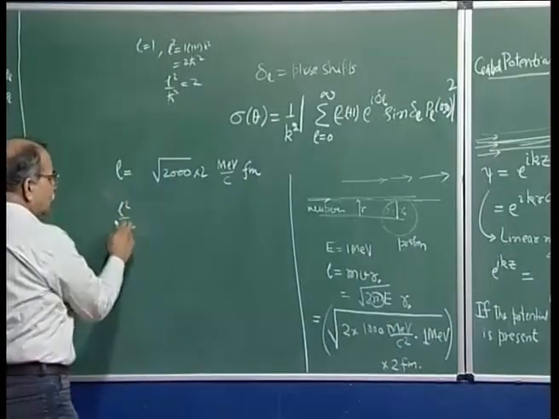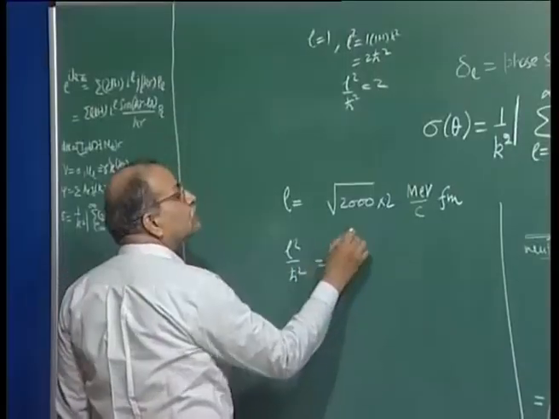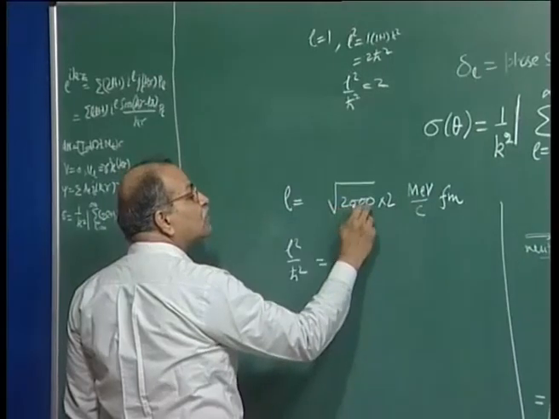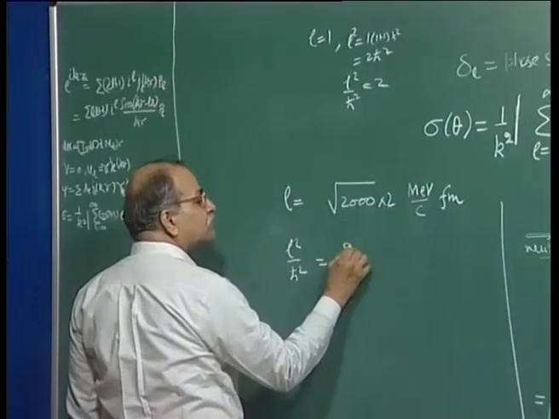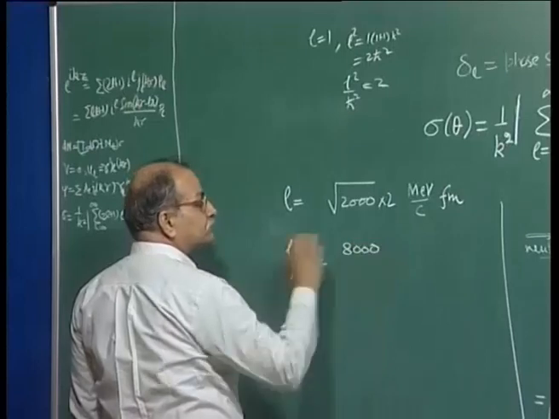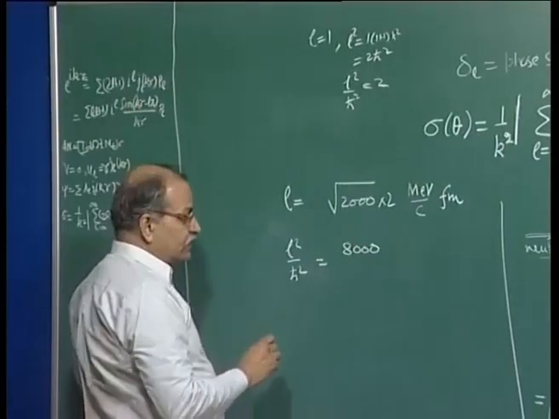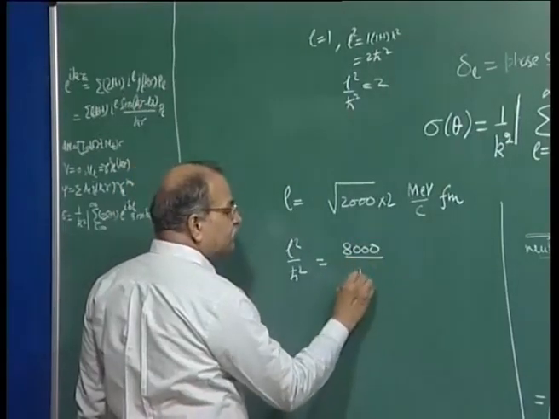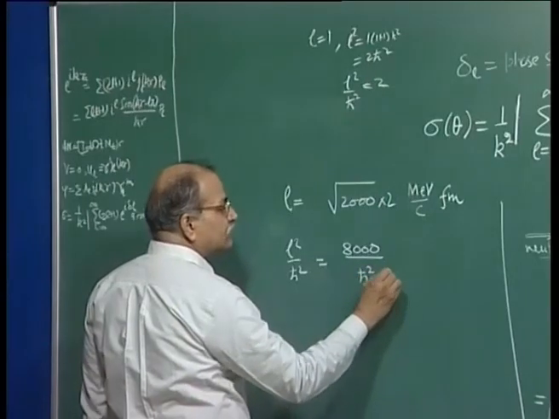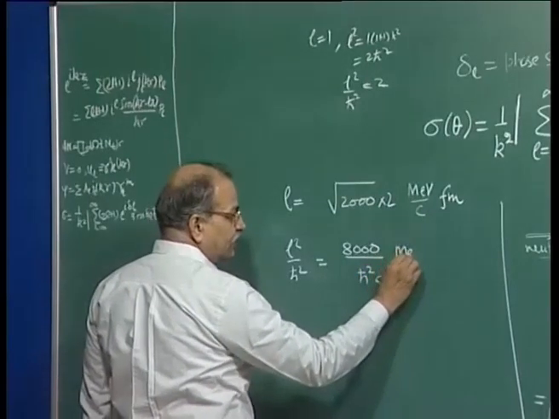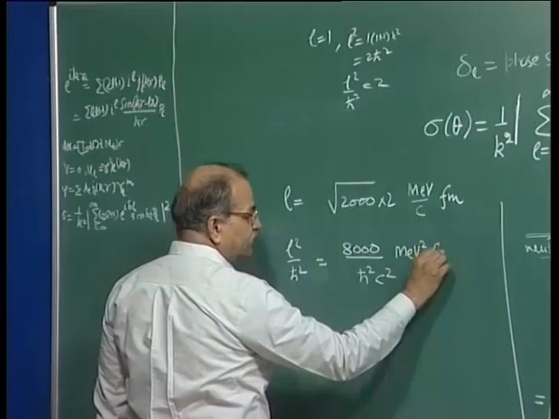So let us work out how much this is. This is 2000 into 4, 8000, divided by ħ squared c squared, in MeV squared femtometer squared.